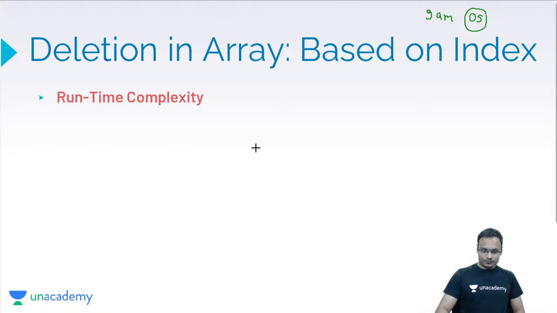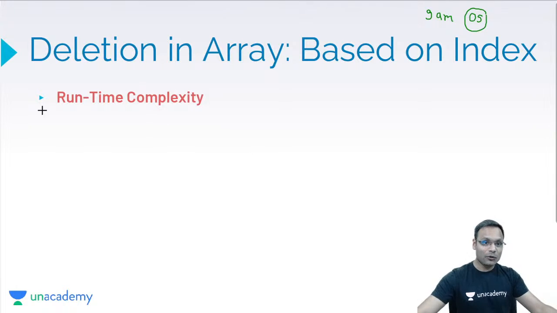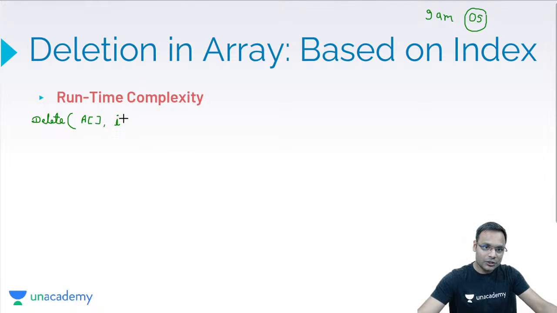Now look at this runtime complexity. First of all, let's see the algorithm for deletion. For the deletion algorithm we are getting first of all array A, and then index I where the deletion should happen.